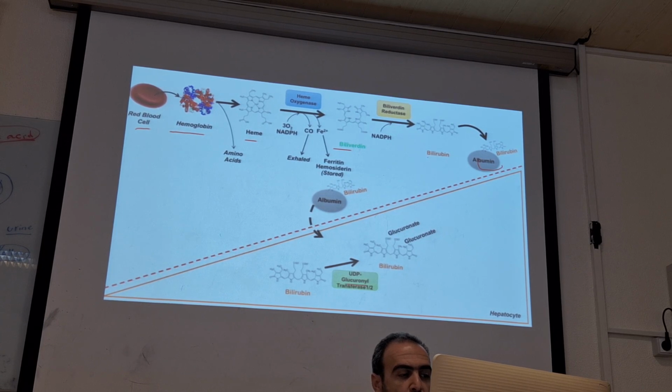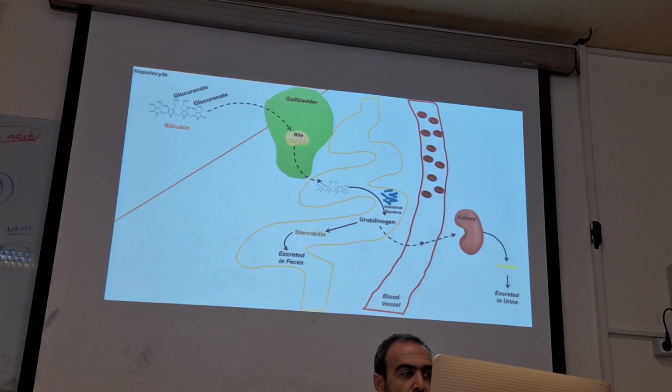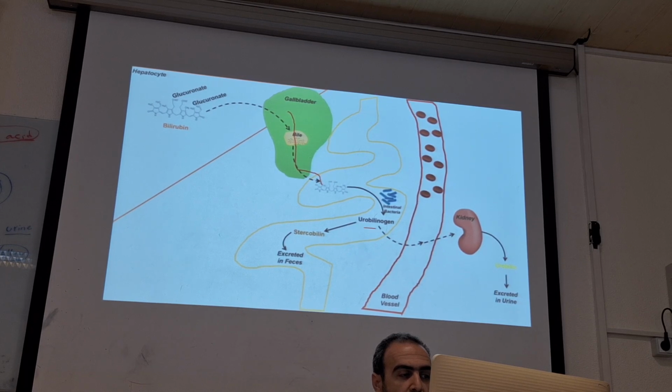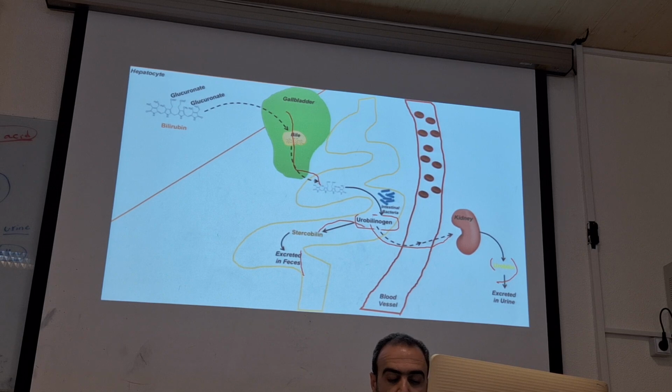In the liver, 2 molecules of glucuronic acid are added by glucuronyl transferase. Then we send them to the gallbladder, and as bile to the intestine. In the intestine, it is converted to urobilinogen, some part to stercobilin, excreted, and some part to the kidney, the urobilin.